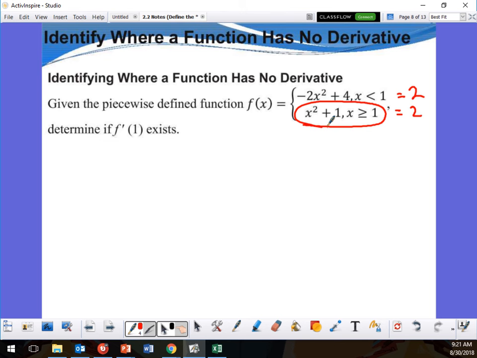At that point, I would only be dealing with that piece, so the derivative of that would be 2x. So f prime of 1 is 2. So it will exist, it is continuous, and I come up with a slope of 2.